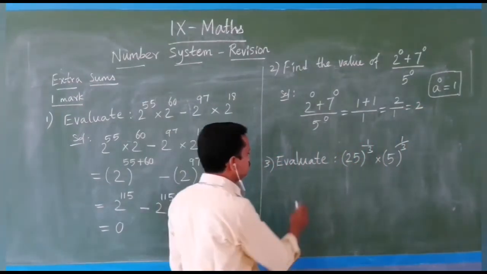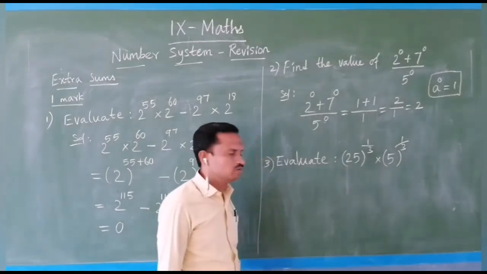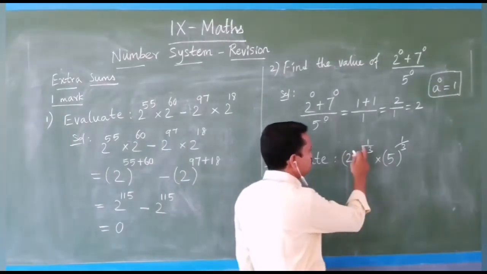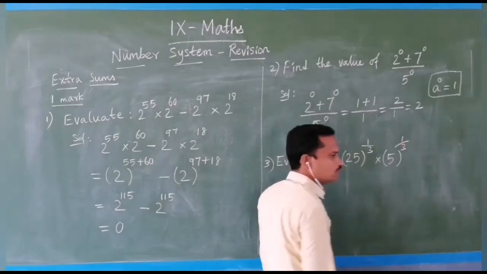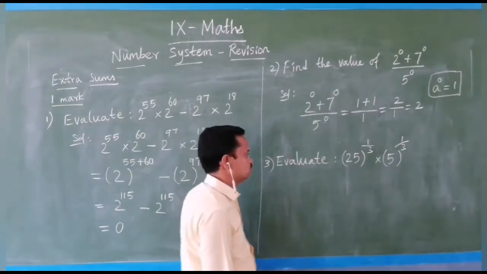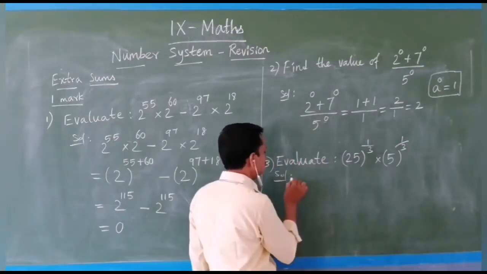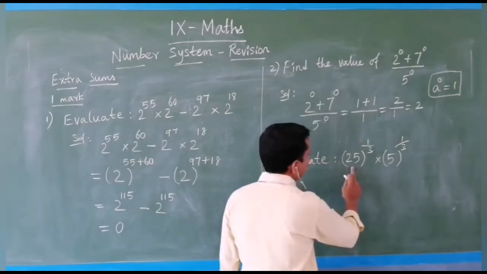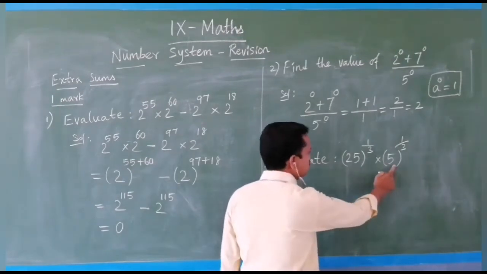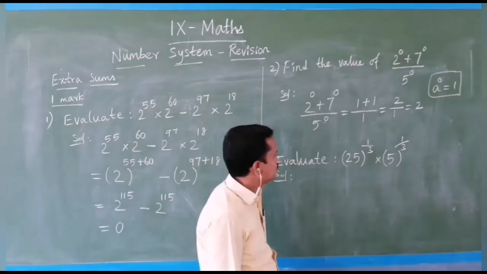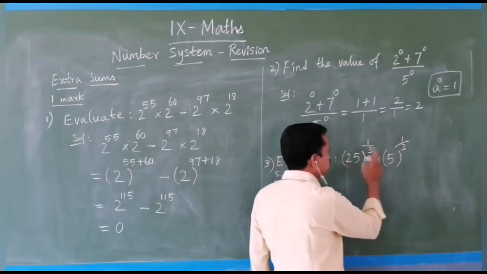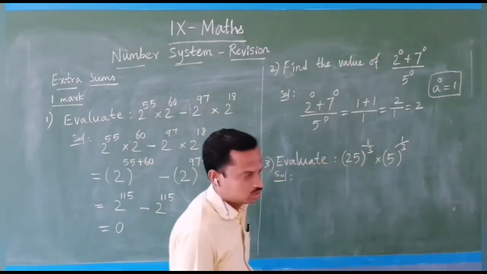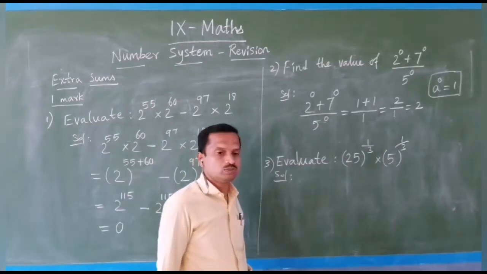So next sum, evaluate 25 whole power 1 by 3 into 5 to the power 1 by 3. You can see here 25 is the base and here 5 is the base, whereas the exponents are the same, 1 by 3, 1 by 3. Different bases but the same exponent.